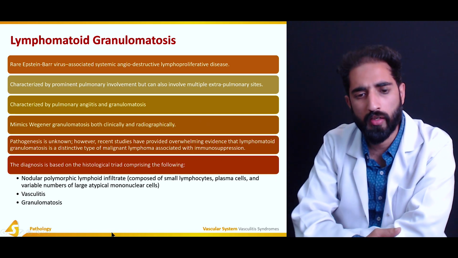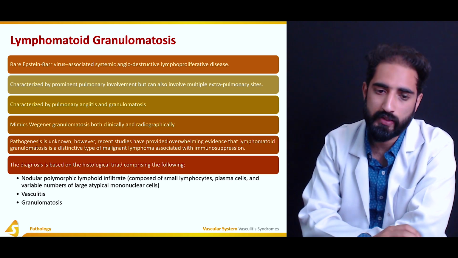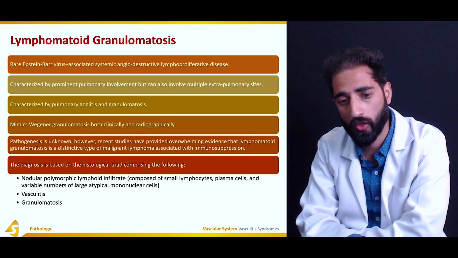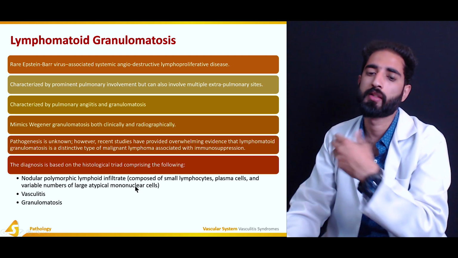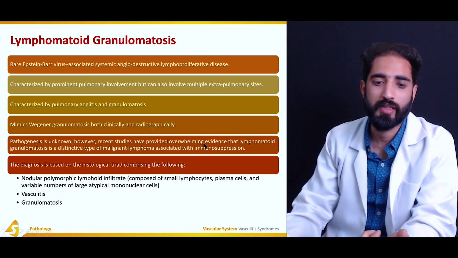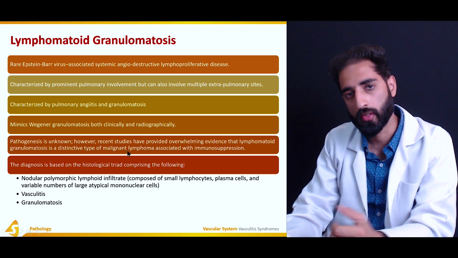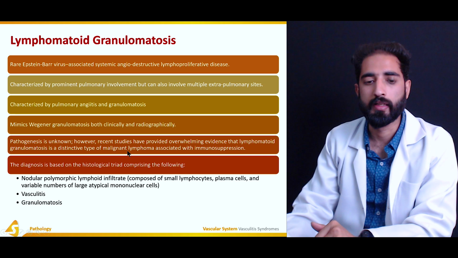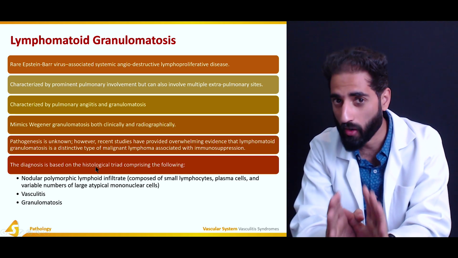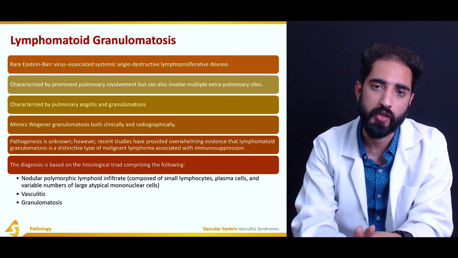It mimics Wegener granulomatosis both clinically and radiographically, but it is different from that, and the pathogenesis, however, is unknown. However, recent studies have suggested that lymphoid granulomatosis is a distinctive type of malignant lymphoma associated with immunosuppression. The diagnosis for lymphoid granulomatosis is based on a histological triad comprising three characteristic key features.